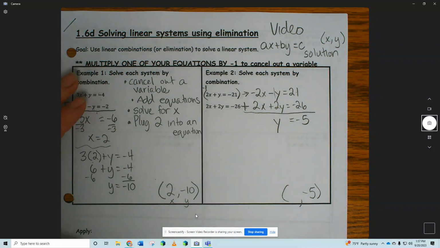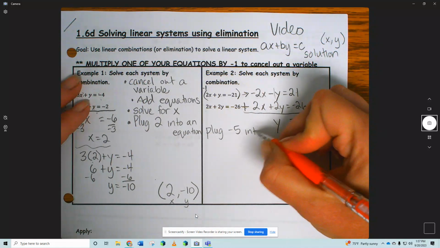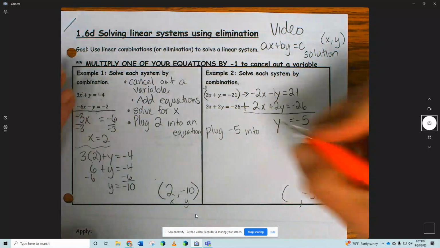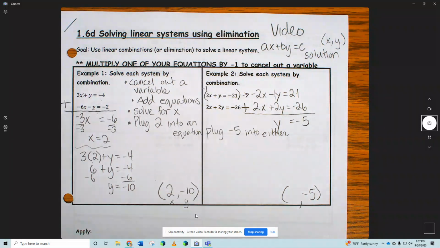So now, plug -5 into either equation. I don't care. You pick whichever one looks good to you. Top, bottom, totally fine.